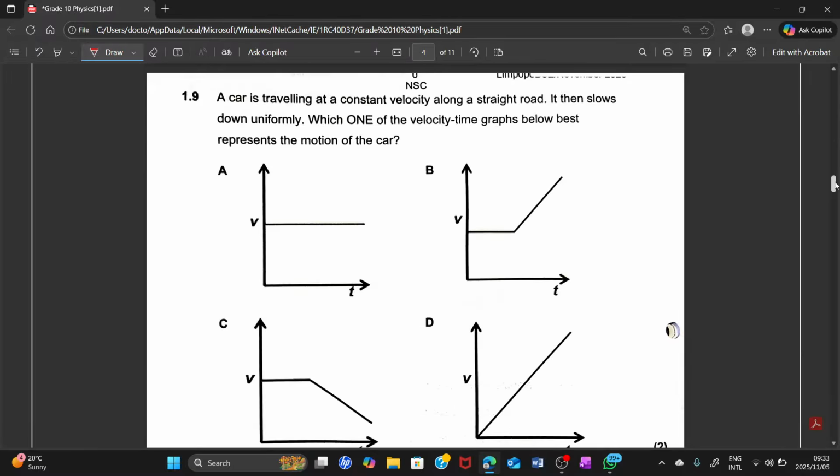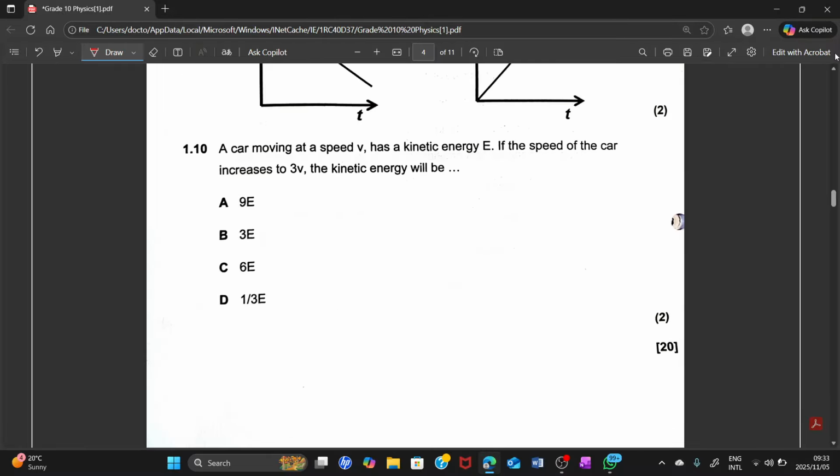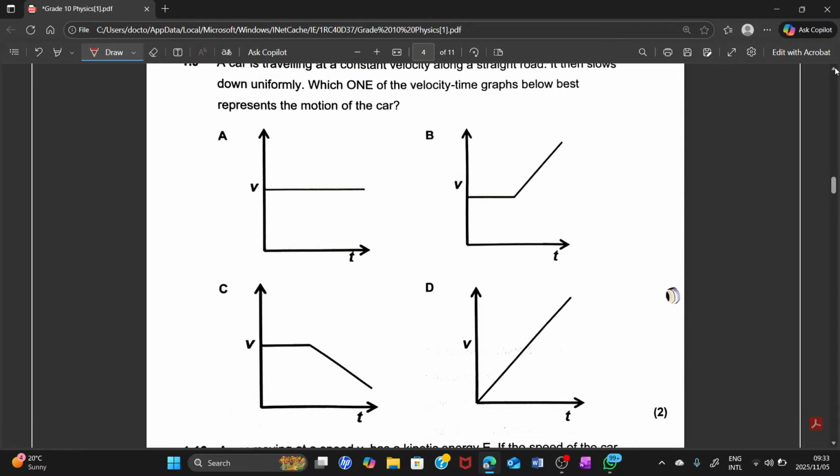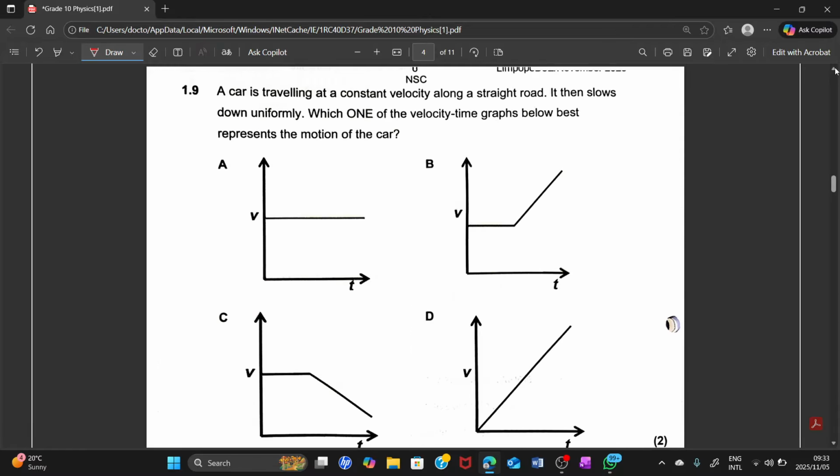That's wonderful. Now, let's look at this. It's a very good question for us. Question 1.9. A car is traveling at a constant velocity along a straight road. Then it slows down uniformly.